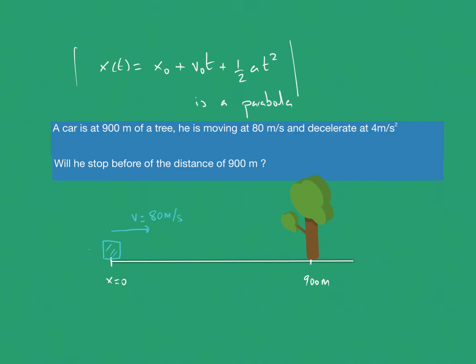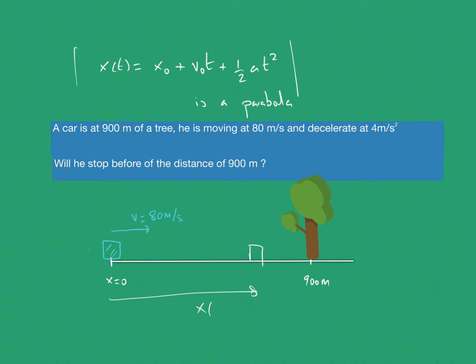So let's find the time t when he will stop, and plug this time t into the position equation to know the distance x when he stops. Maybe it's 900, maybe it's bigger, maybe it's smaller.